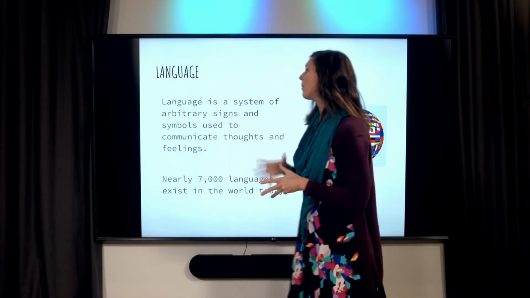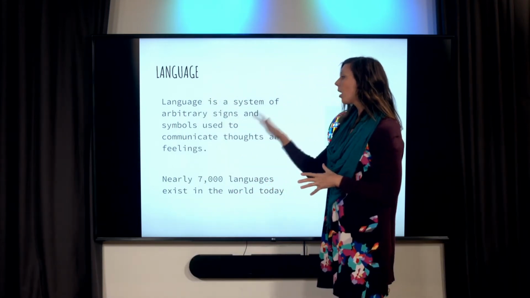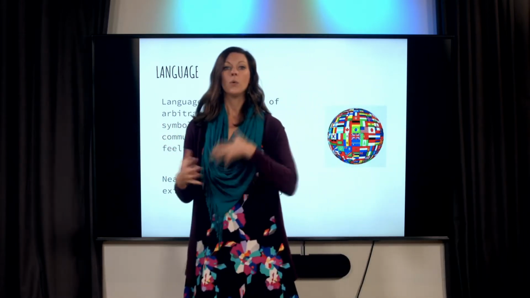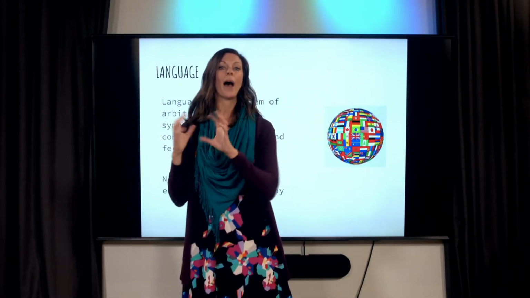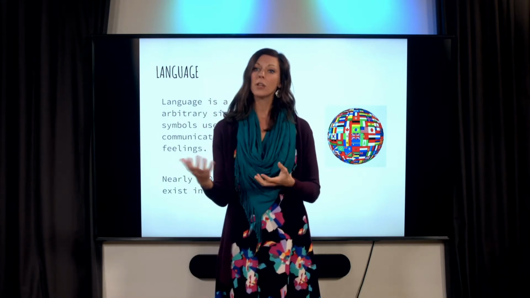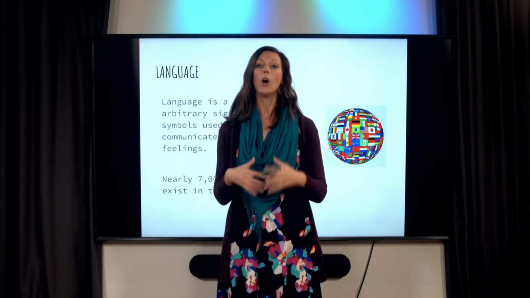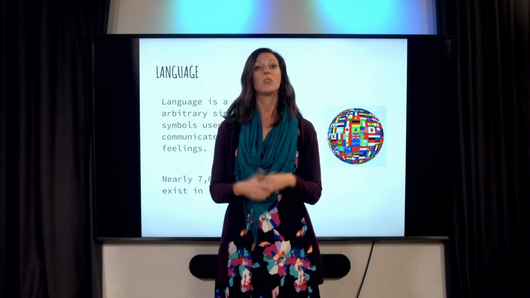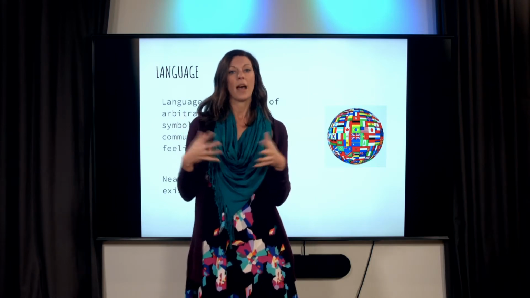So that's what we're thinking about when we think about language. It is an arbitrary system of signs and symbols. And again, we work to create meaning, so as you communicate across different languages, as you develop maybe your own language with other people, think about siblings who sometimes share a secret language as children. You are creating that meaning within that group.